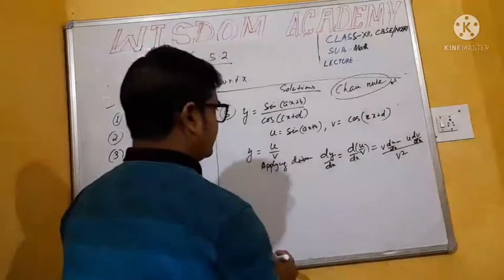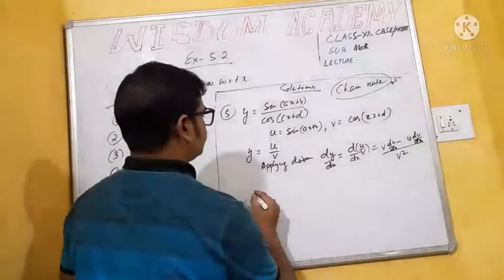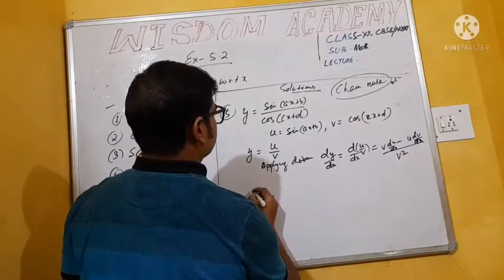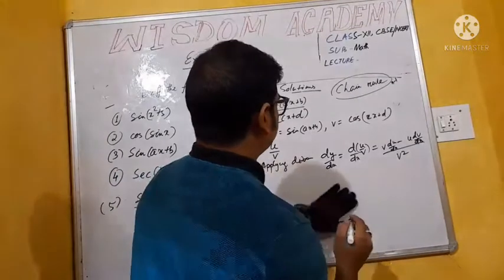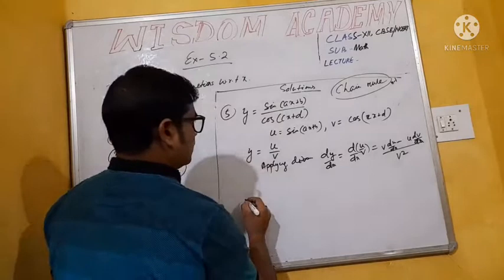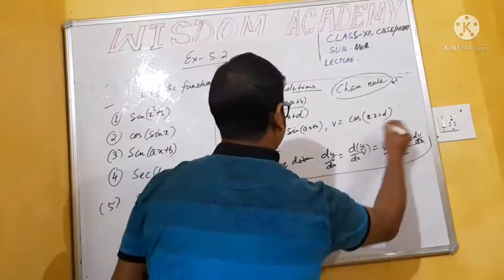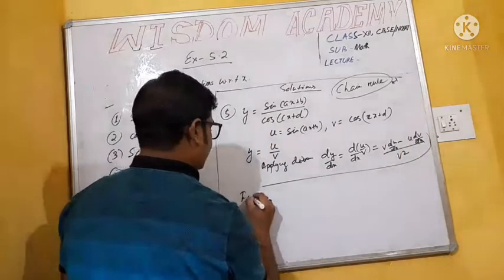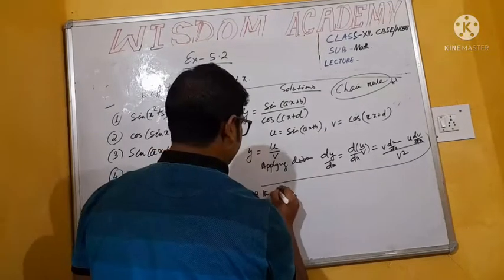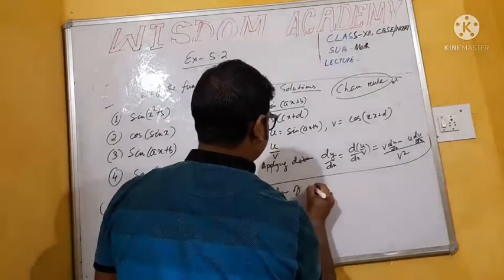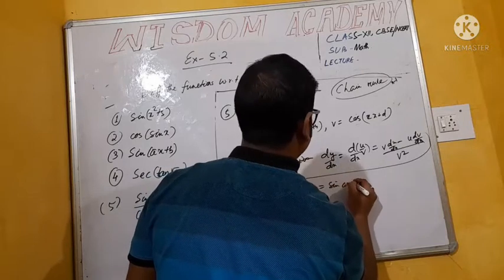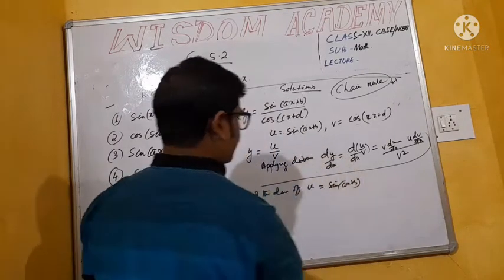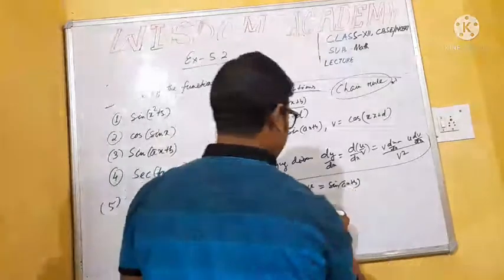So you can write this formula. At first find the derivative of u, that means sin ax plus b.